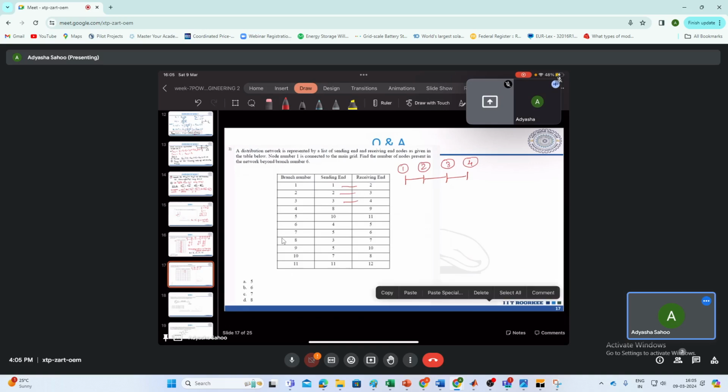I don't know how this 8 to 9 is coming. I think some data is missing here, or we will find out in the end after we draw this.